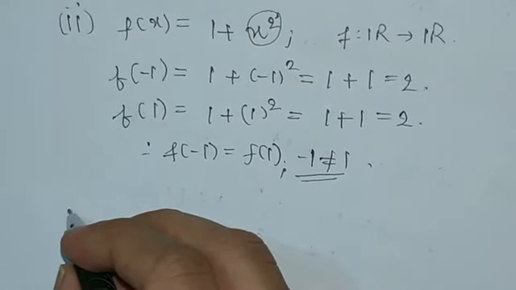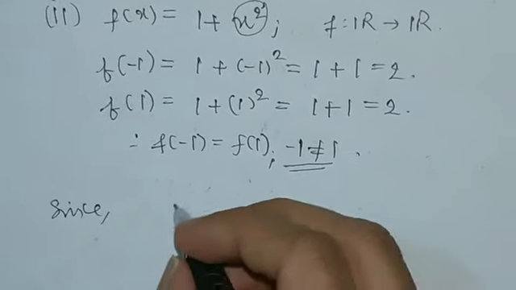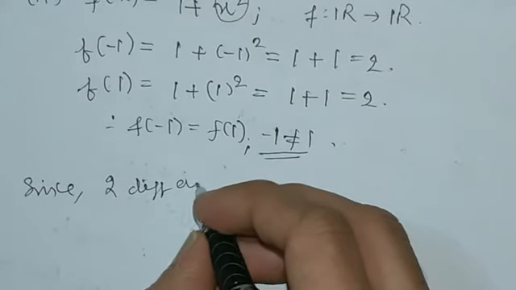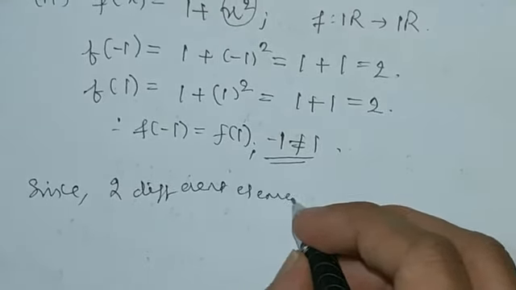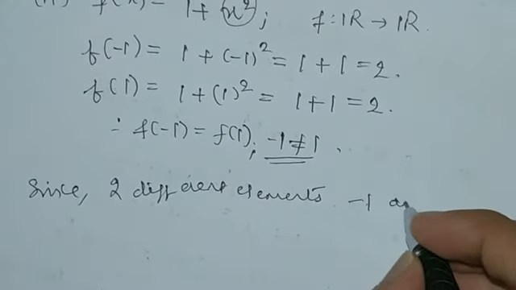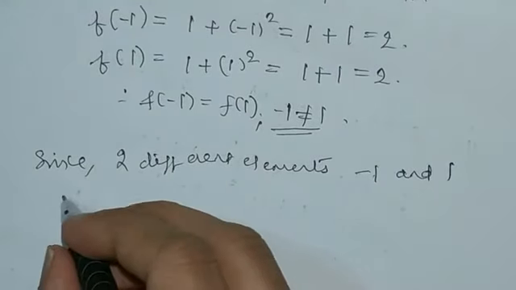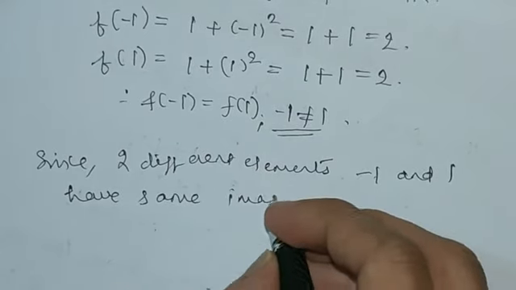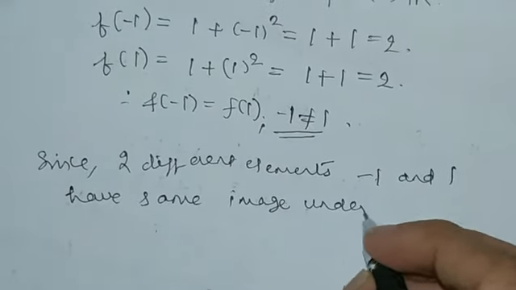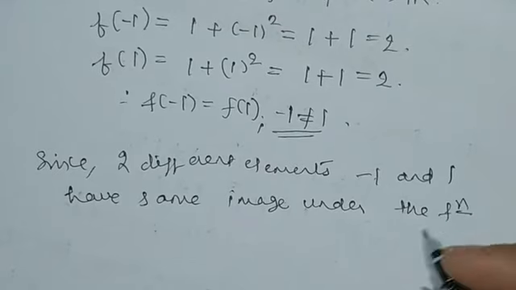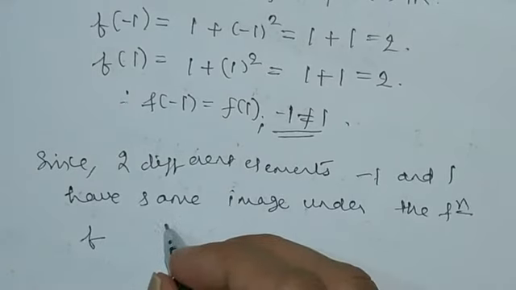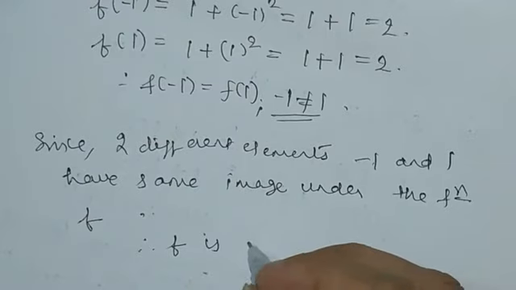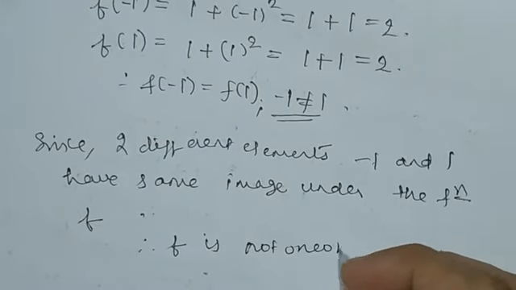So what we have to write? Since two different elements, minus 1 and 1, have the same image under the function f, therefore f is not one-one.